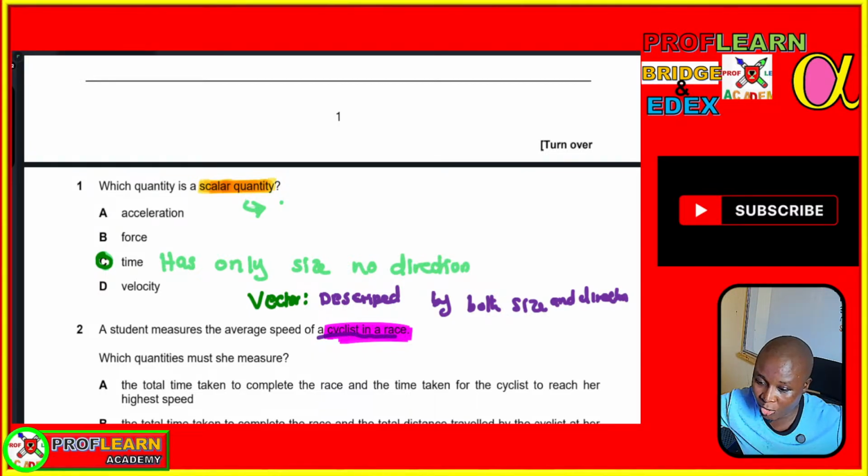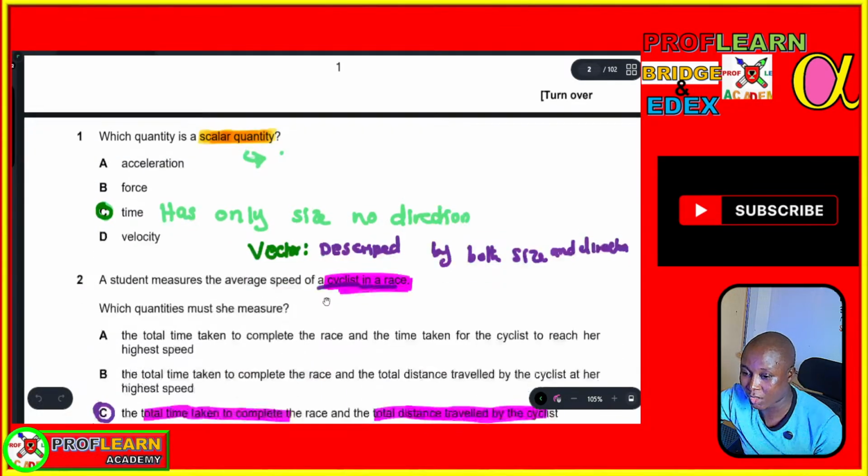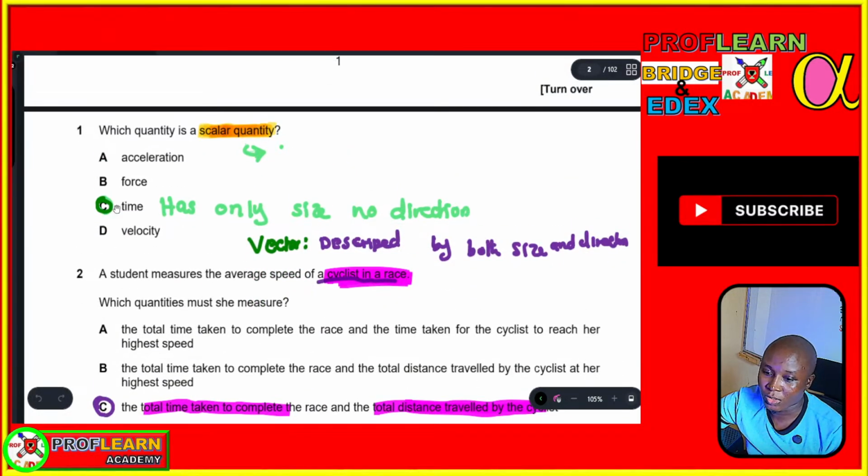They don't have direction. So in that case, we are going to have our answer as time, because acceleration is a vector quantity, because acceleration has both direction and magnitude. Force has direction and magnitude, and velocity is a vector quantity. So in that case, this is going to be time. Time is a scalar quantity.